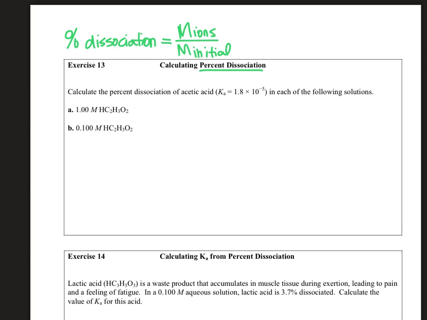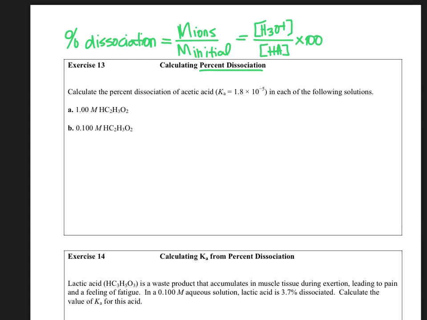So in this scenario, it would be the concentration of H3O plus over the concentration of HA. And then to make it into a nice percentage, we would multiply it by 100. You can do this with the base too. Then it would just be the concentration of hydroxide ions over the concentration of base. Same idea. It's just how much dissociates, and then you can use it to compare. The greater the dissociation, the stronger it is, or the greater it's going to fall to the right on the equilibrium.